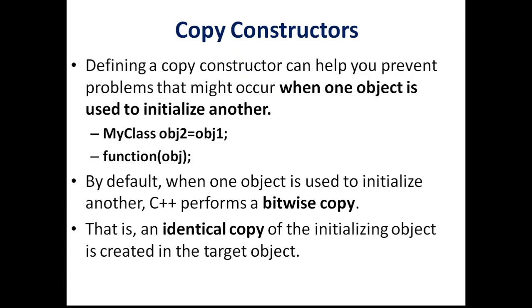Whatever the content of a is has to be present in b also. So in that statement, the compiler gets the value of a and simply makes a copy of it into b.